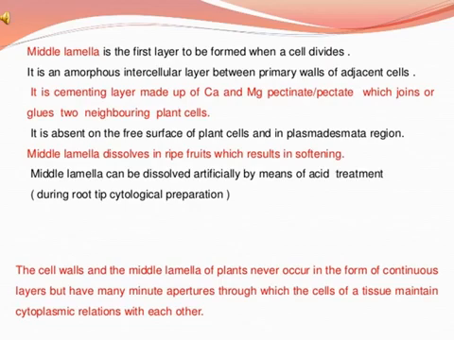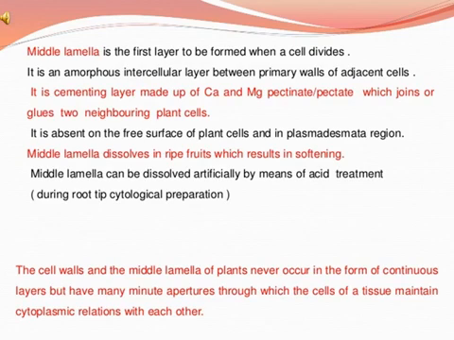The middle lamella is discussed in detail. The middle lamella is the first layer to be formed when a cell divides. It is an amorphous intercellular layer between the primary walls of adjacent cells. It is a cementing layer made up of calcium and magnesium pectinate or pectate, which joins or glues neighboring plant cells.